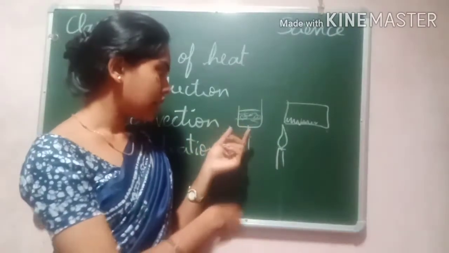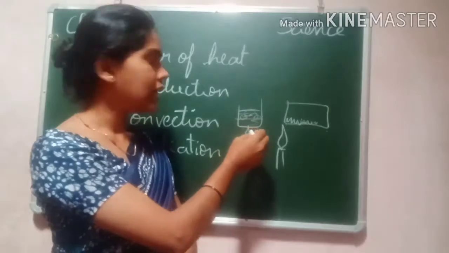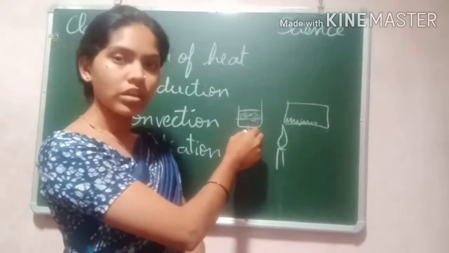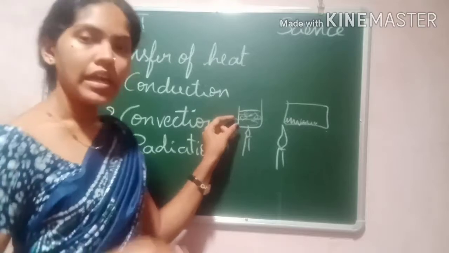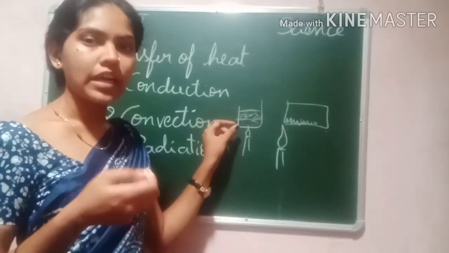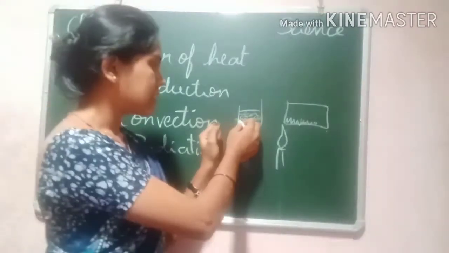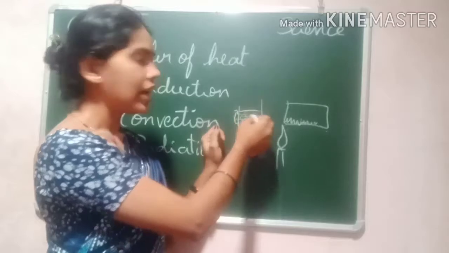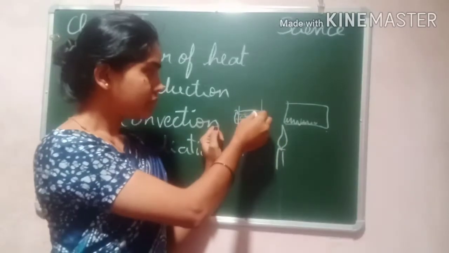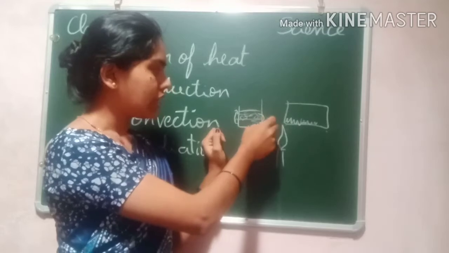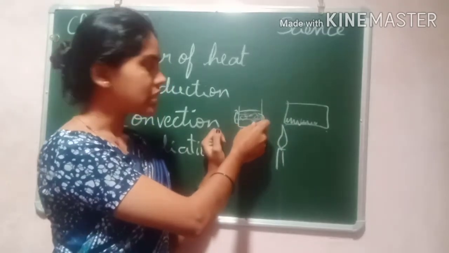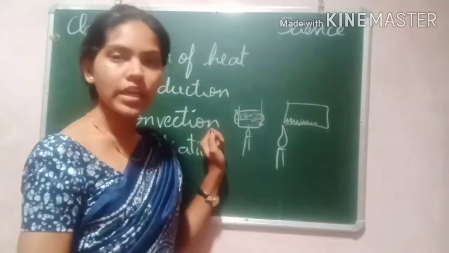So the molecules at the lower level get heated up, expand and rise up, and simultaneously the cool water molecules come down. They occupy the empty spaces already occupied by these heated molecules.